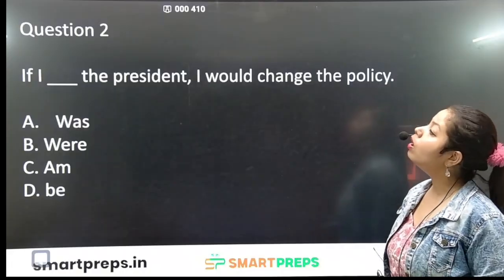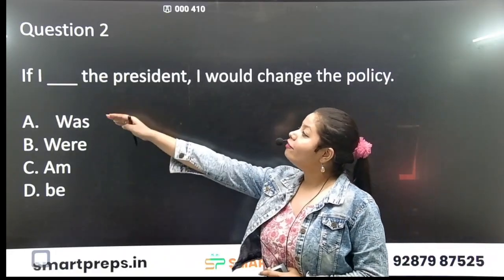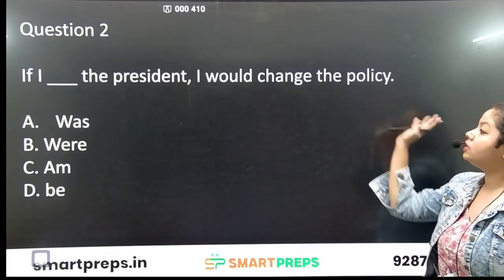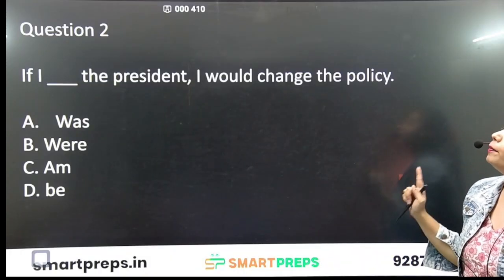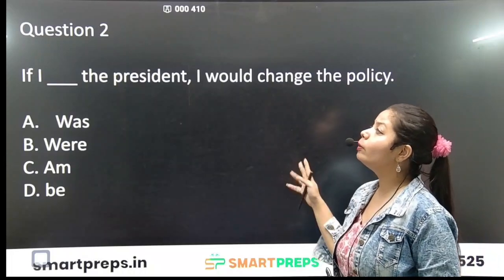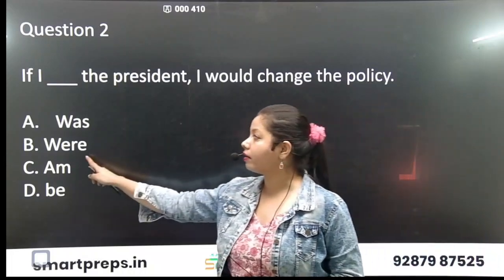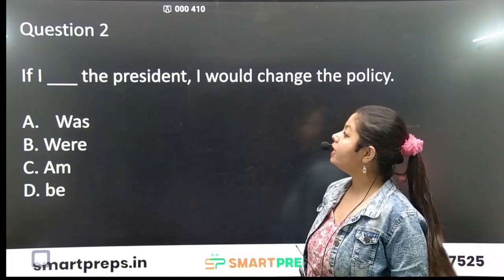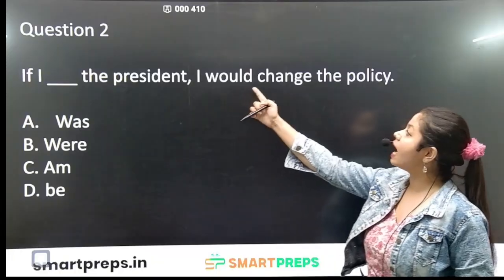We know that now. Again: if I dash the president, I would change the policy. Here I told you that we will always use were. We will not use was, am, or be. So, if I were the president, I would change.